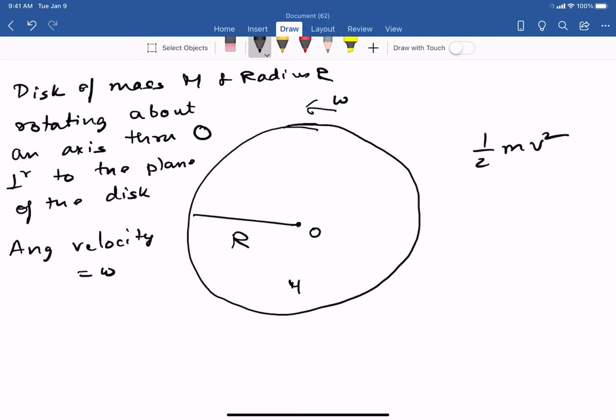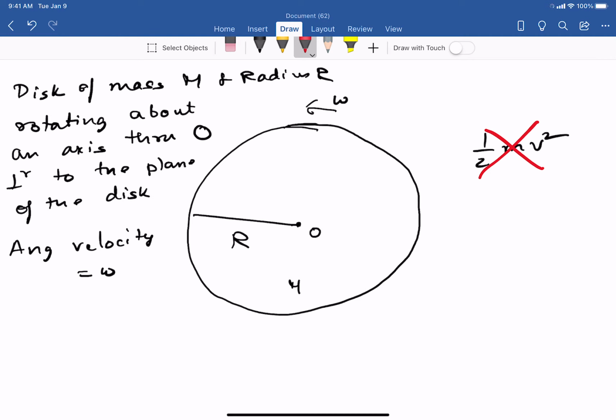It's clearly zero, right? Because the disk is at rest, but it's rotating about its center of mass. So half mv squared will just give you zero, and so it's clearly not the right way of getting the kinetic energy, because you know that the disk must have some kinetic energy if it's rotating. But our formula half mv squared just seems to indicate that the disk has no kinetic energy because the velocity of its center of mass is zero.